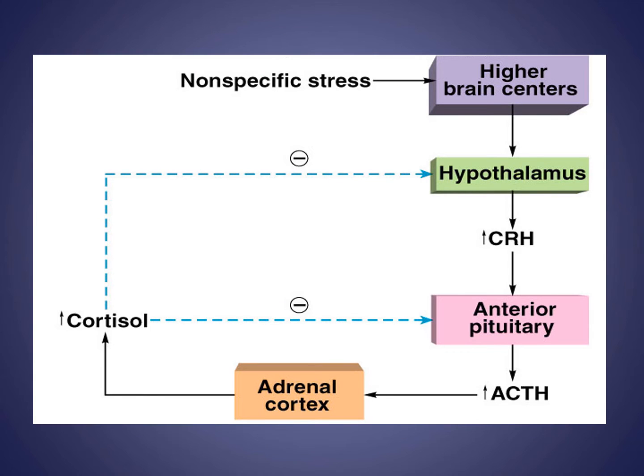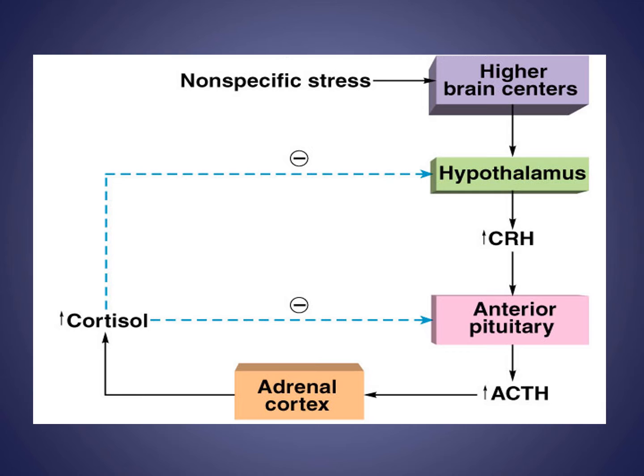This is another figure that shows negative feedback control of adrenal cortex function, or cortisol secretion specifically. We have non-specific stressful stimuli stimulating higher brain centers and the hypothalamus, releasing CRH, corticotropin releasing hormone, which goes down through the hypophyseal portal circulation, stimulating the anterior pituitary to secrete ACTH, which goes down to the adrenal cortex, stimulating cortisol secretion.